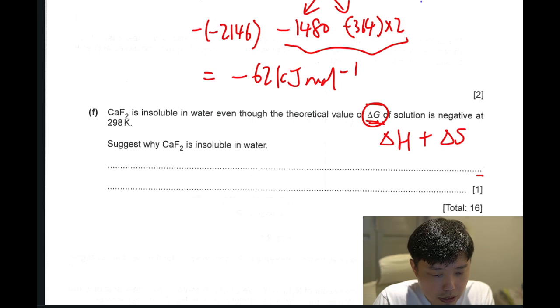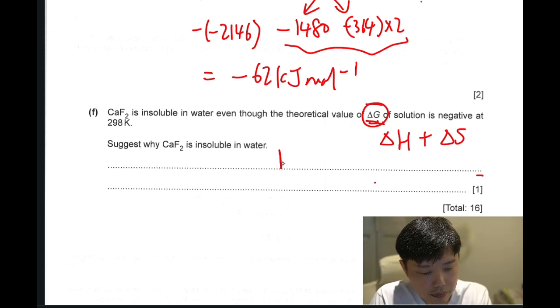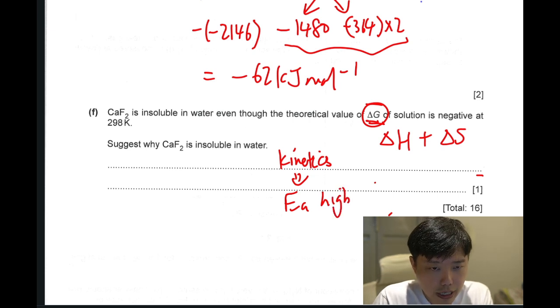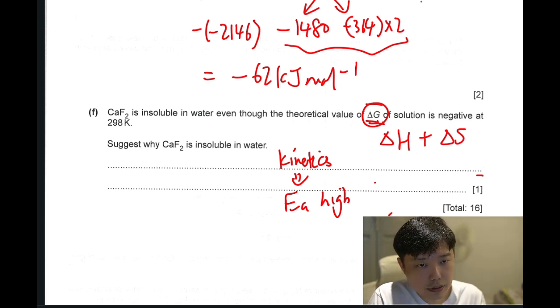So we probably need to use our kinetics. Okay, kinetics consideration. Maybe the activation energy is too high. Alright, so the reaction is actually too slow and it seems that calcium fluoride is insoluble. Alright, so that is it for D, E, and F.